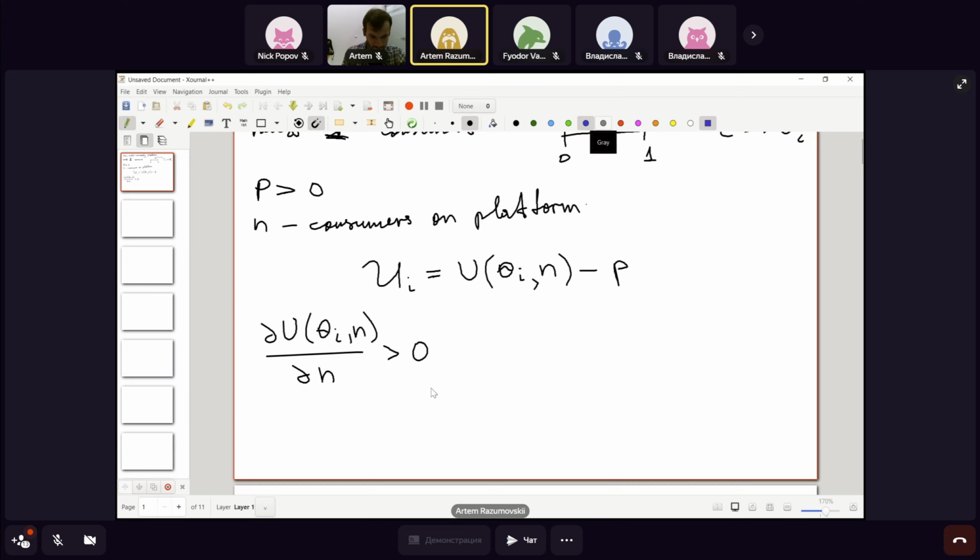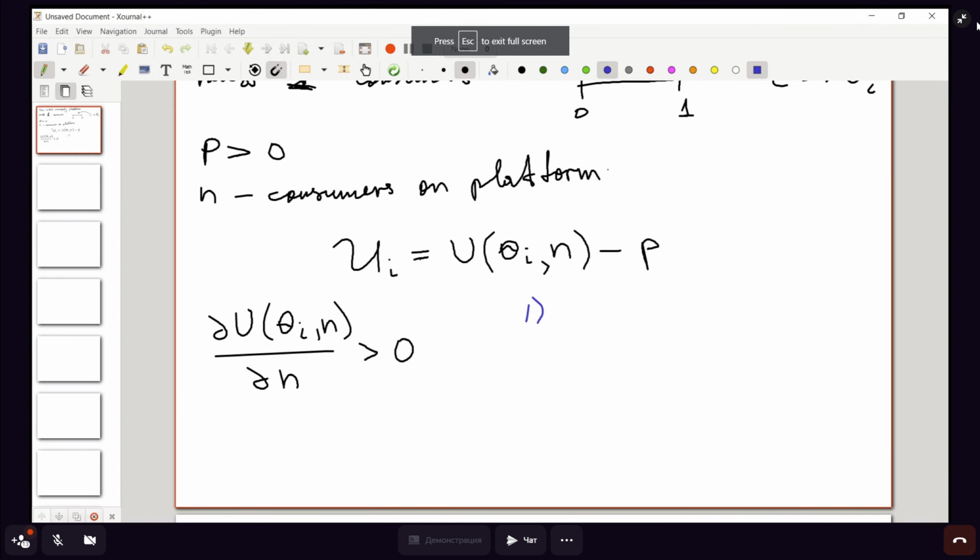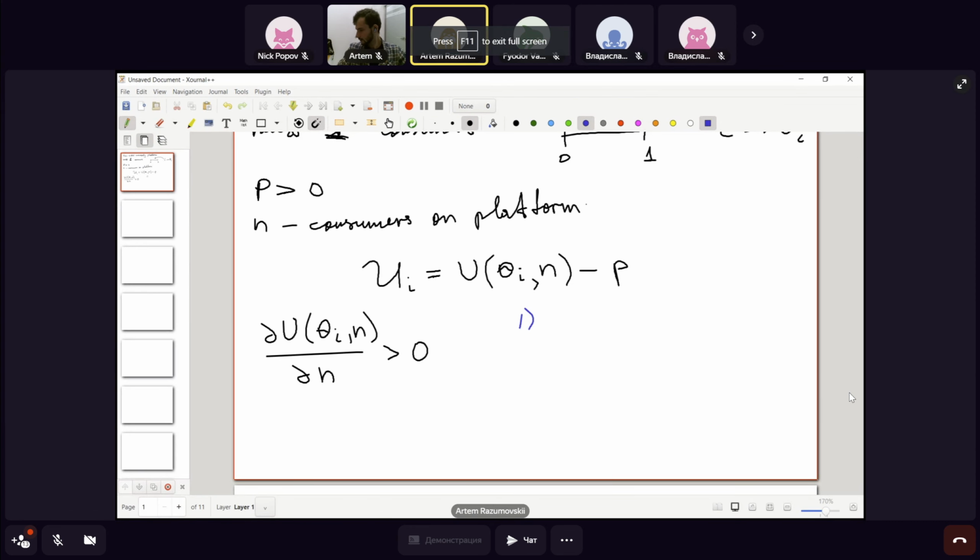So firstly, the platform decides about P. Then second, observing the price, each consumer simultaneously decides to join or not.